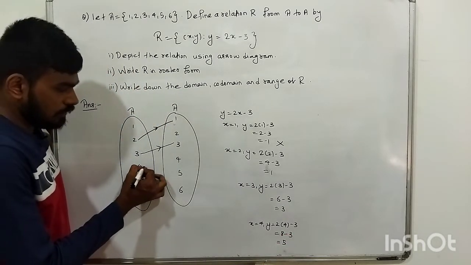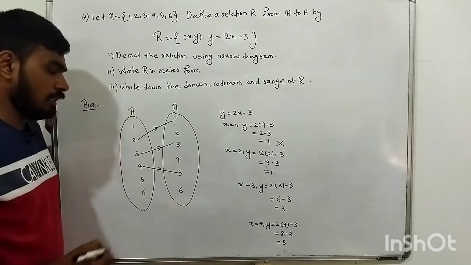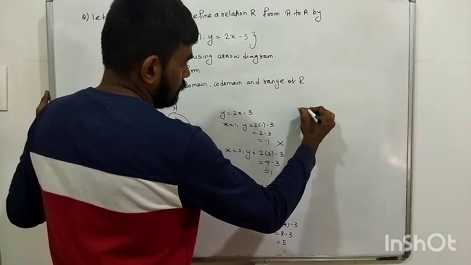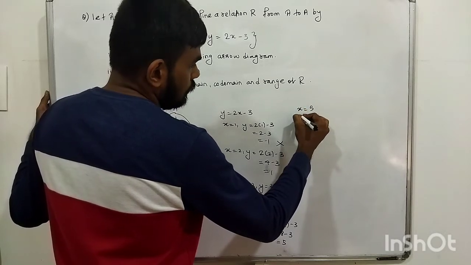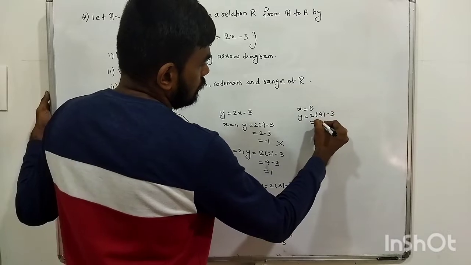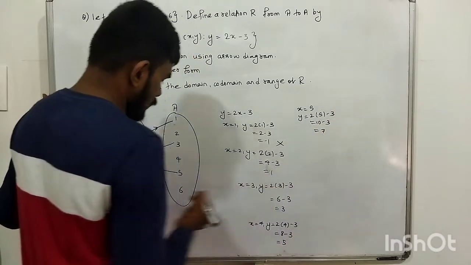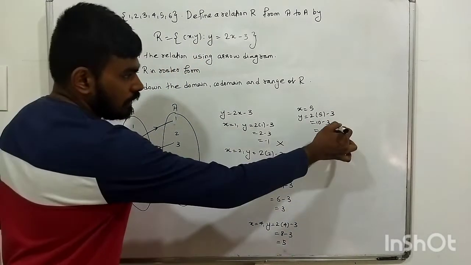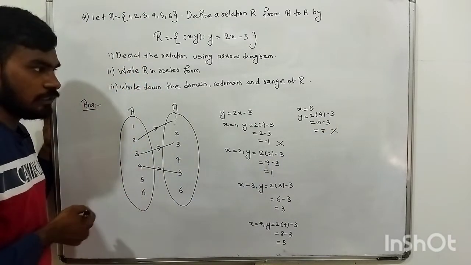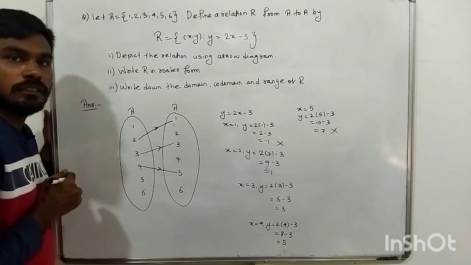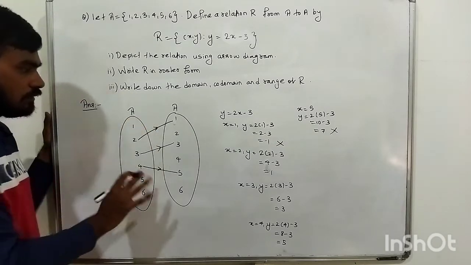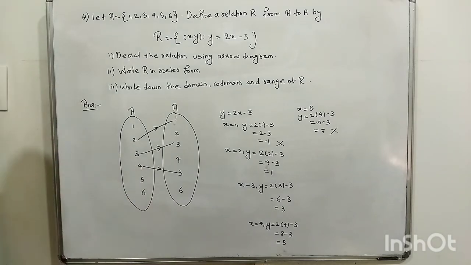So 4 with 5. Then when x is equal to 5, y is equal to 2 into 5 minus 3. So 10 minus 3, which is 7, which is not there here. So this we can't take. Then when x is equal to 6, y is equal to 2 into 6 minus 3. So 12 minus 3, 9, which is not there obviously. So that also we can't take. So these are the different pairs that we can take.